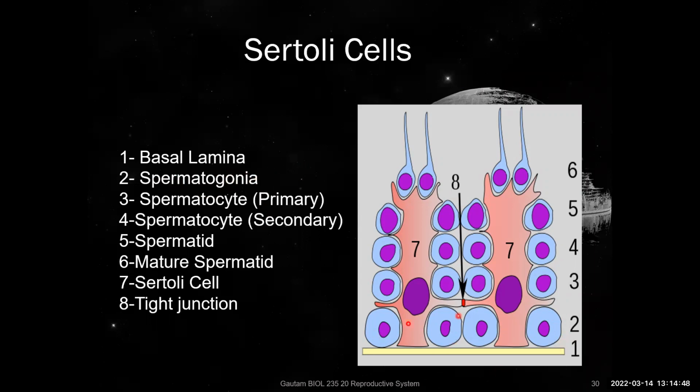The spermatogonia then go through mitosis, and then you have this whole process. Please watch the screencast. I'm not going to explain that here because it's just too overkill. What I did like about this is they show you nicely the Sertoli cells, right? So number 7 are the Sertoli cells. Notice how the Sertoli cells are taking up the whole width of that seminiferous tubule.